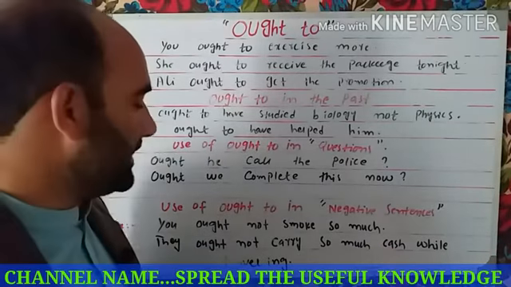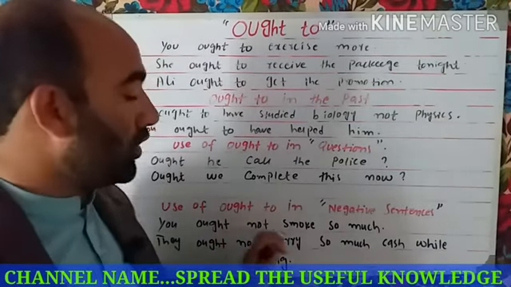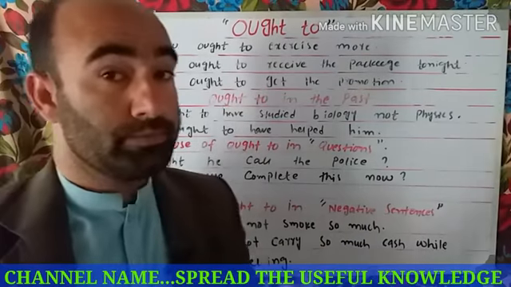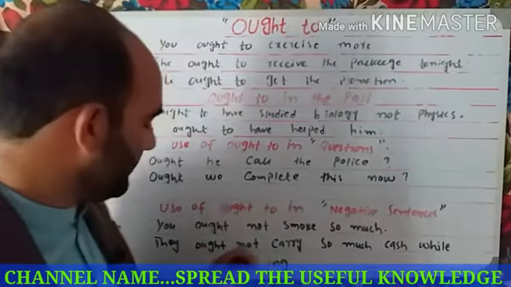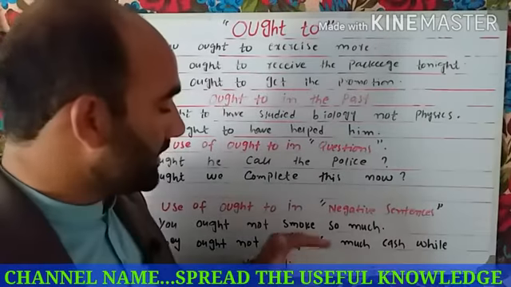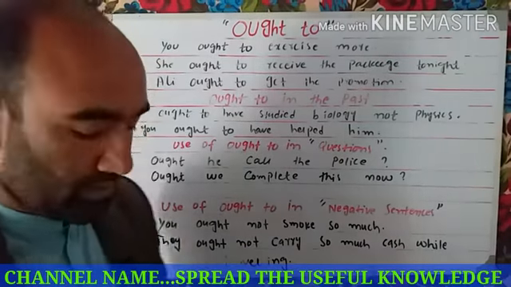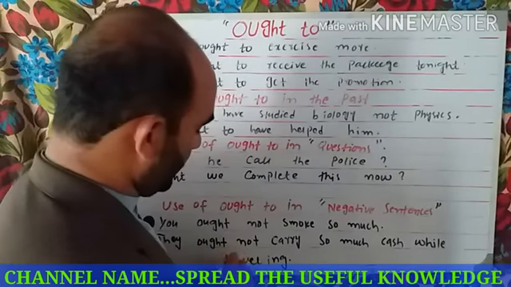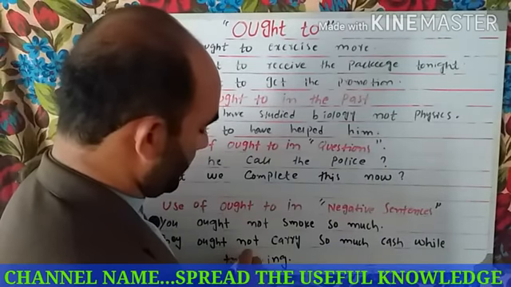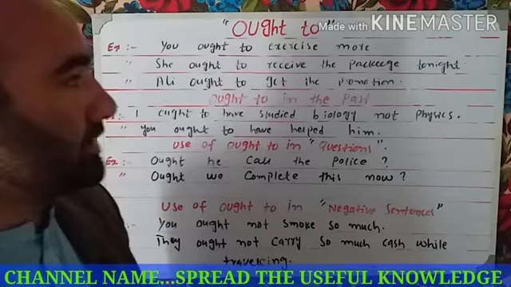You simply say, you ought not smoke so much, in the negative sentence. They ought not carry so much cash while traveling. So we use ought to in negative sentences for prohibition, when something is prohibited.